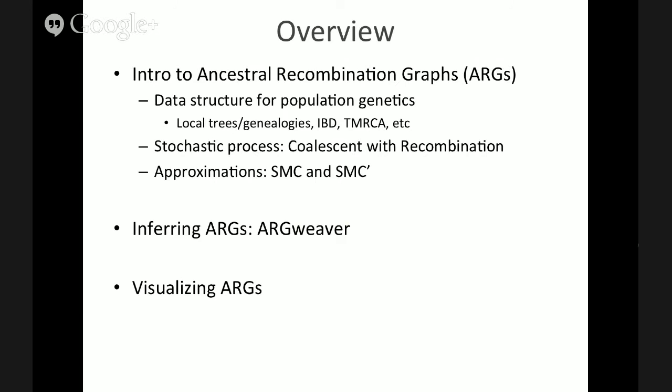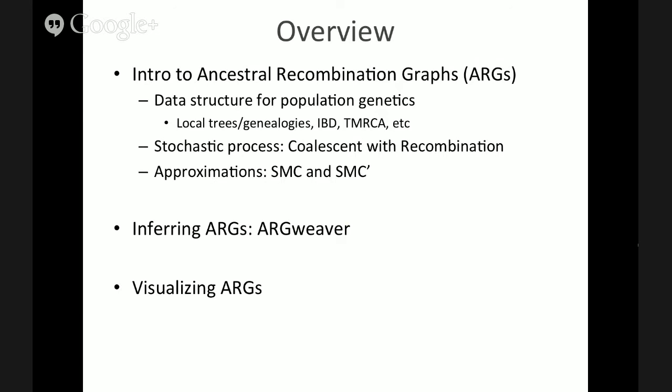They're a data structure, and they are very powerful for representing ancestry within population genetics. And a lot of the different features that people think about, like local trees, genealogies, identity by descent, time of the most recent common ancestor, can be thought of as summaries of the ARG.